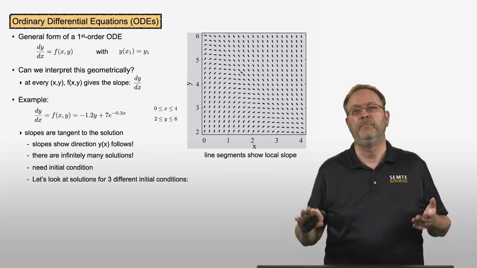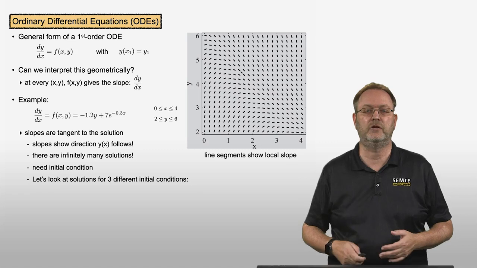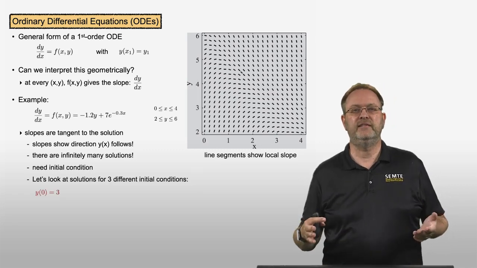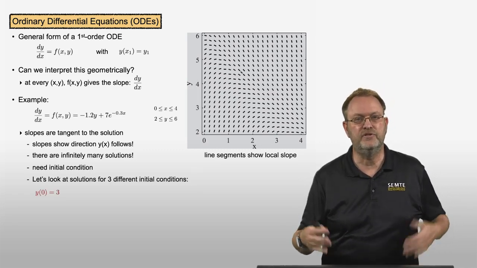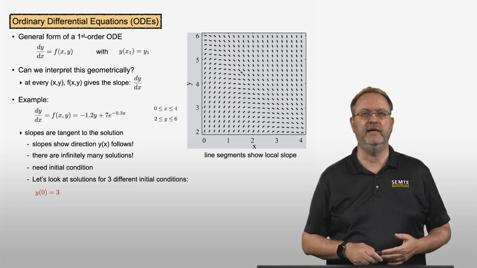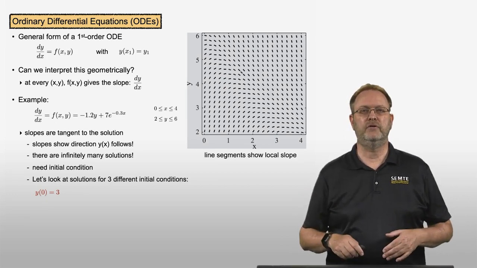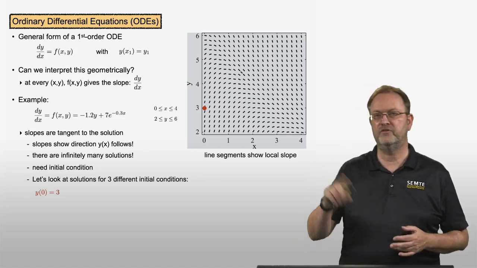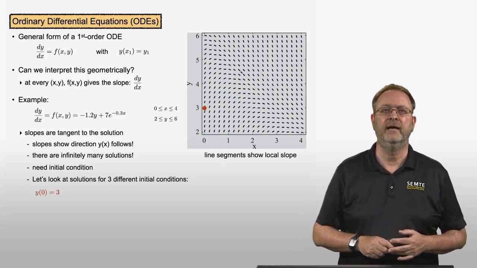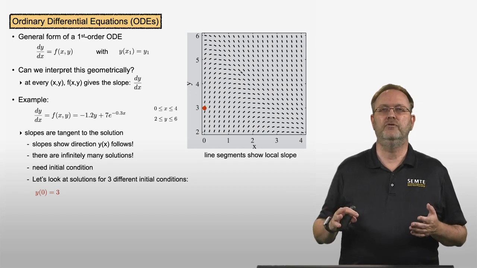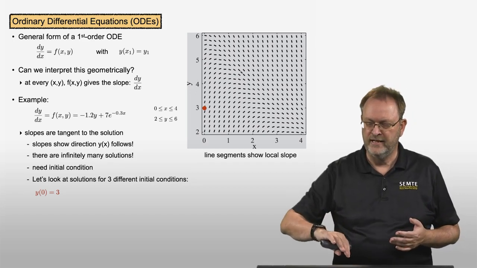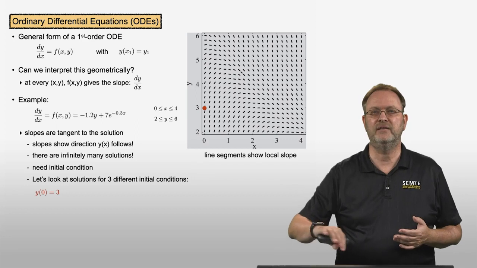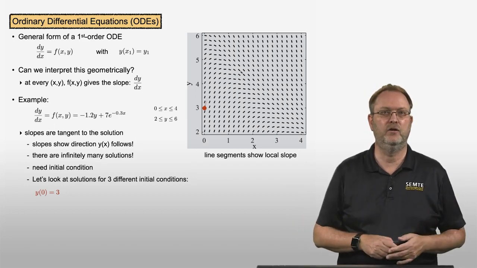So let's look at the solutions for 3 different initial conditions. The first one is that y at x equal to 0 is equal to 3. So x equal to 0, y equal to 3. If I draw this in this graph here, that would be this red point here. And now I know that my solution follows the direction given by these line segments that indicate the local slope.